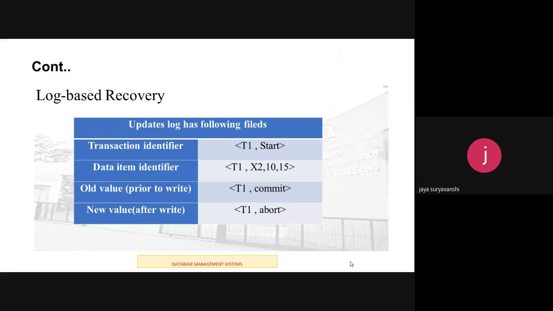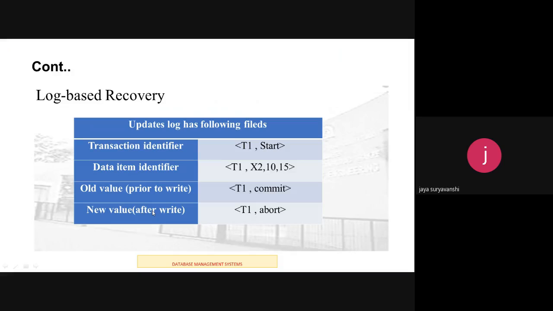Log-based recovery works with some predefined rules, mentioned here. This is one example. In this example, there is a data item identifier, an old value, and a new value. This is the first step, the data identifier.